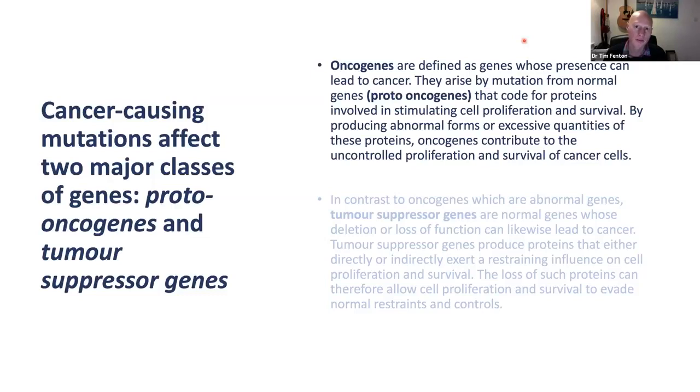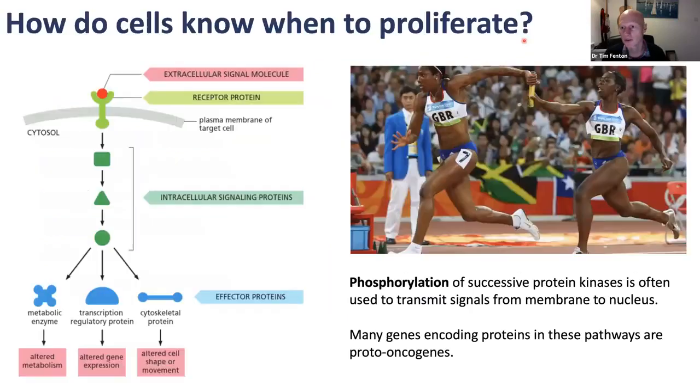So how do cells know when to proliferate? I'm just going to look here at a couple of examples of proto-oncogenes and the cellular processes that they participate in. Now, cells get signals all the time from outside of the cell.